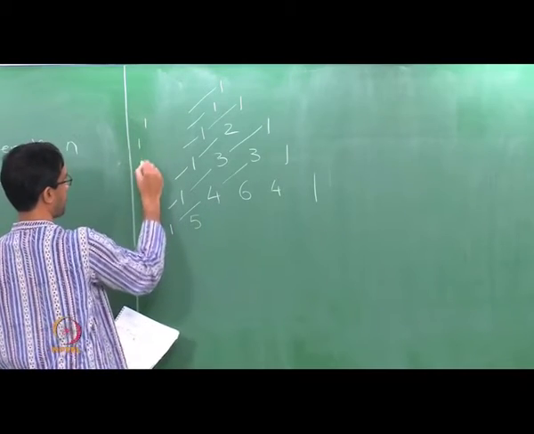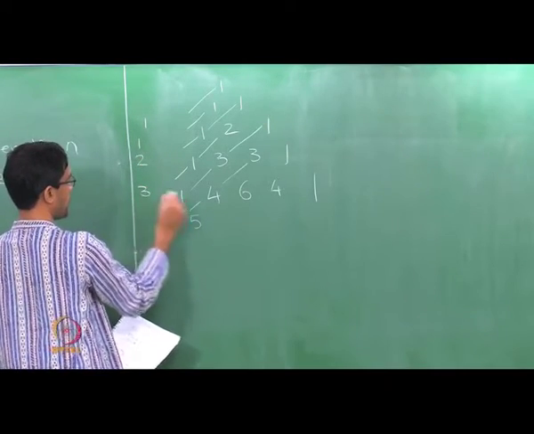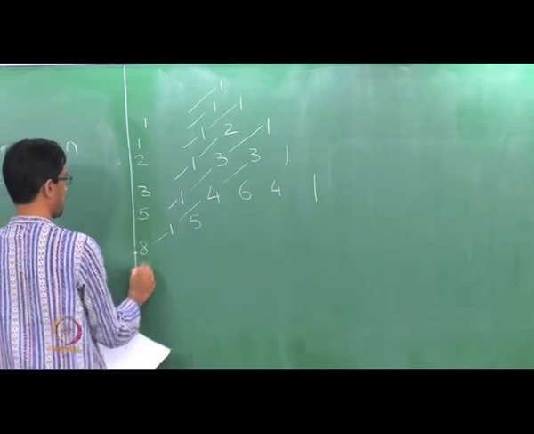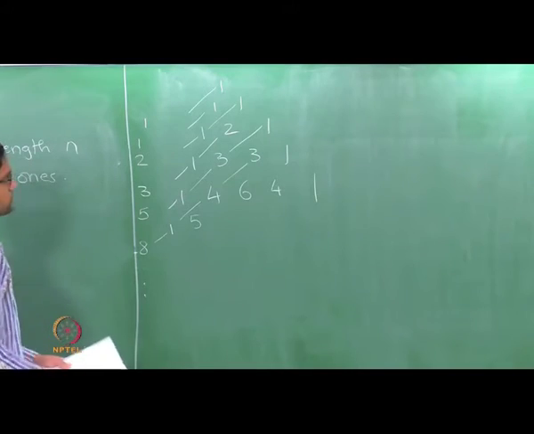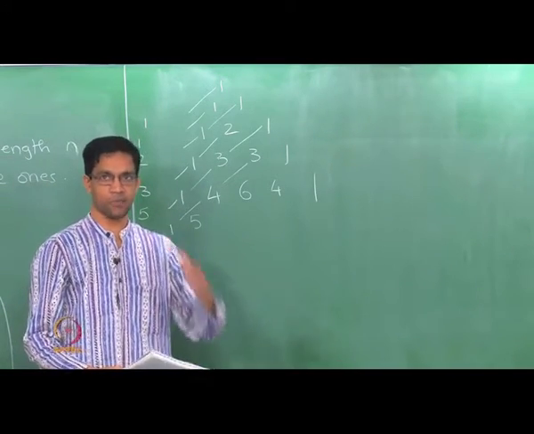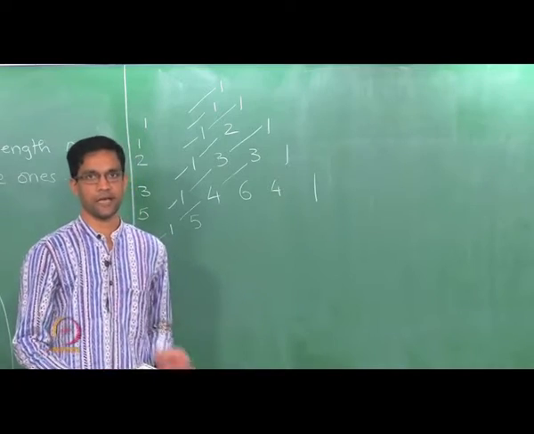So this is 1 1, that's a 2, this is a 3, 1 3 1 is a 5, 1 4 3 is an 8, and so on. Okay, so you can actually obtain the Fibonacci numbers from the Pascal's triangle by summing up along these diagonals in some sense.